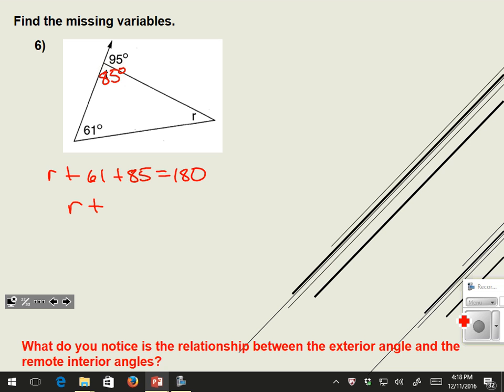R plus 146 equals 180. I subtract 146 from both sides. R is equal to, then, 34 degrees.